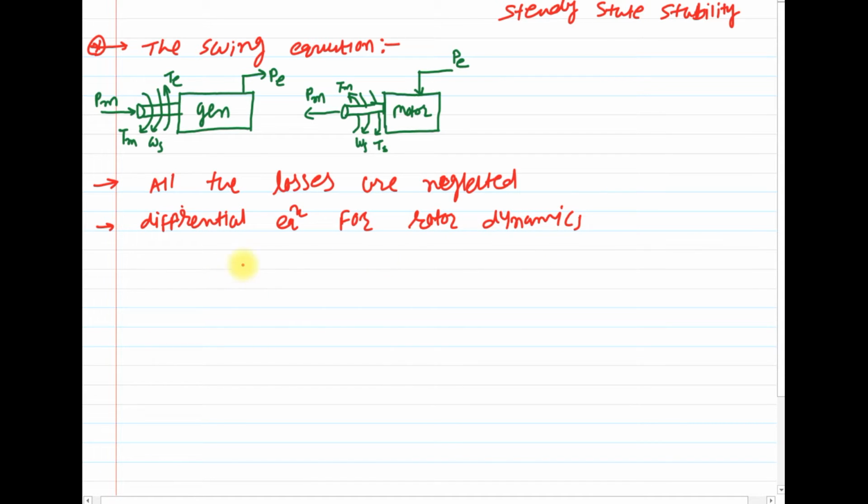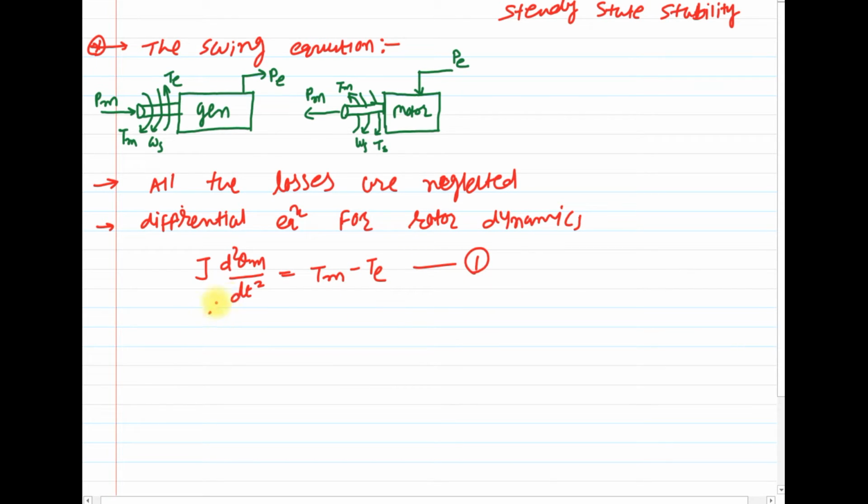First I will write the equation and explain what that equation means to us. So we'll write J into d square theta m upon dt square, which is equal to Tm minus Te. So equation number 1.